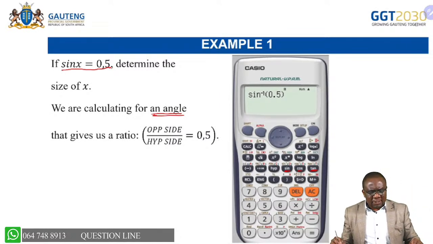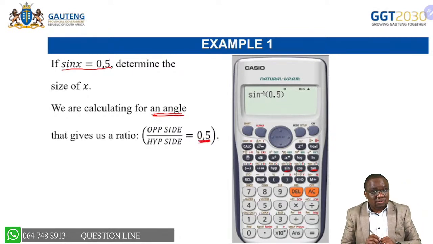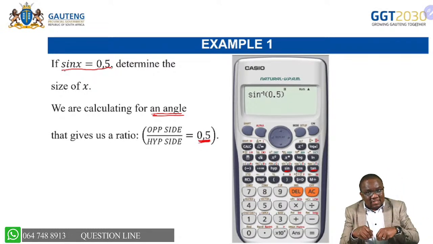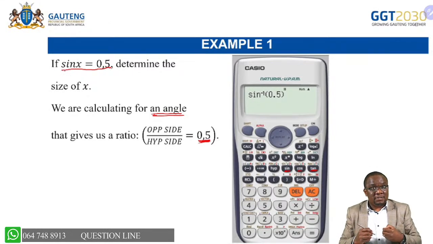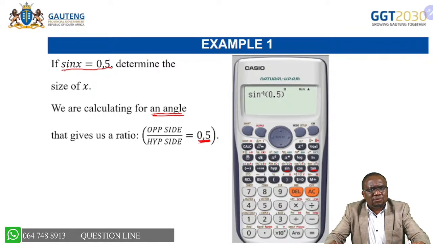We are calculating for an angle that gives us the ratio 0,5. When you're solving for this, we're calculating for our angle x. That must give us the ratio opposite side over hypotenuse side is equal to 0,5. What is that angle?